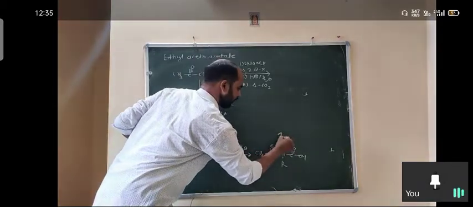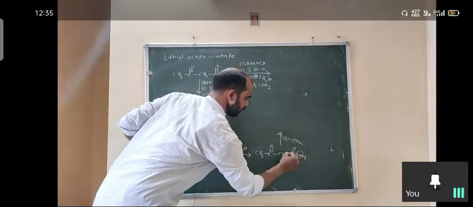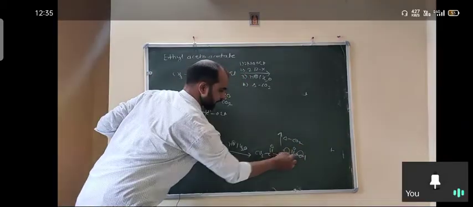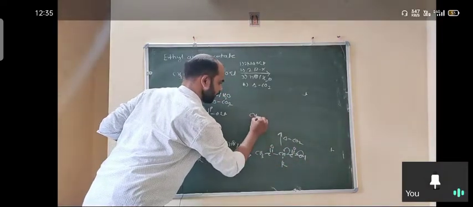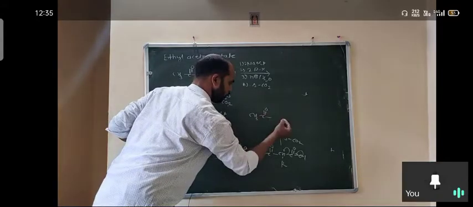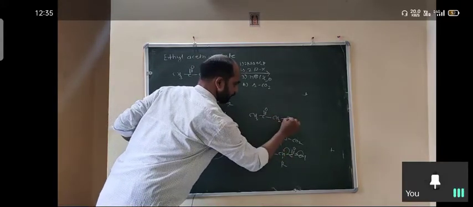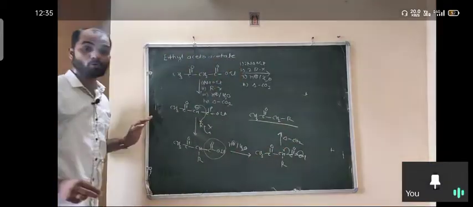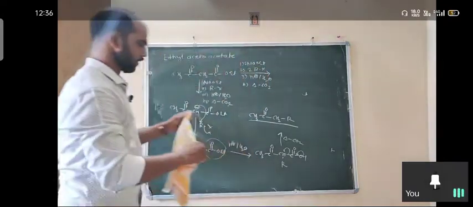Fourth is given heating minus CO2. So here decarboxylation: hydrogen is transferred here and this is removed as CO2. So this CH becomes CH2. So CH3 C double bond O, and here the CH converts into CH2R. It is a monoalkylation reaction.